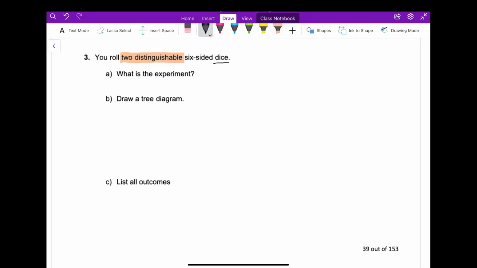The experiment is rolling 2 six-sided dice. Why is this so important and different from the first one? Because it's going to give us a completely different picture and, in fact, a little messy.